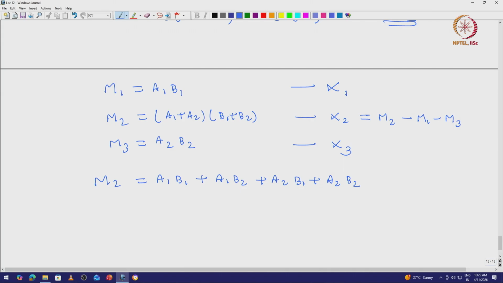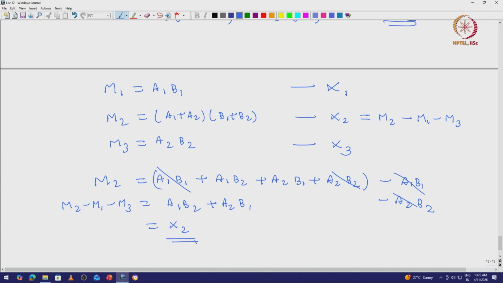So when you are considering M2 minus M1 minus M3, you subtract from this minus A1 B1 minus A2 B2, and that cancels these terms, and that gets you A1 B2 plus A2 B1, and that is nothing but your x2. Therefore, x2 can be computed from M1, M2 and M3.